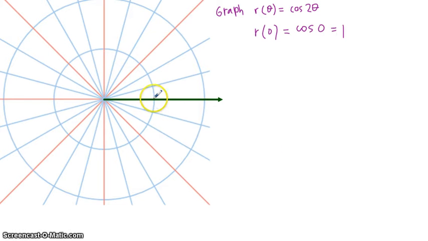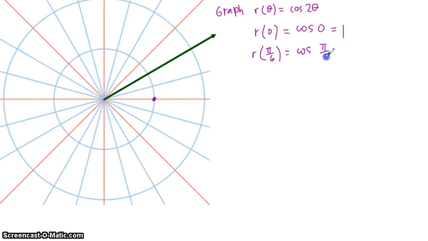So when it's 0 degrees, my radius is going to be 1. What happens if I move this to pi over 6? So r of pi over 6 will be cosine of pi over 3, which will give me 1/2. That means when theta is pi over 6 right here, I'm going to get a point of 1/2.